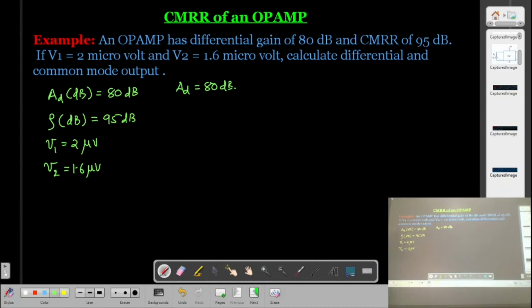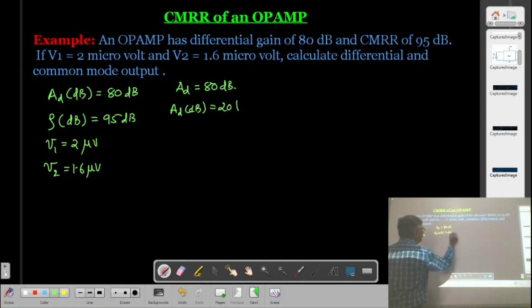AD is given as 80 dB. Correct? So AD in dB, remember, is nothing but 20 log AD.